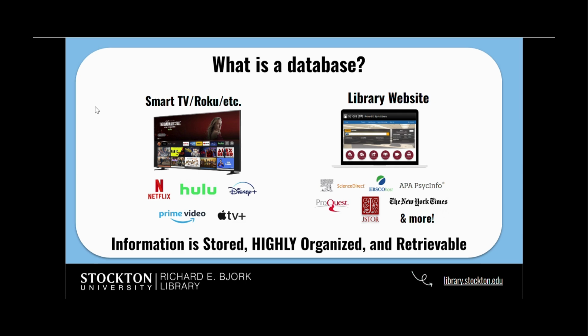If it's not all three of those characteristics, it's not a database. So when you think of Google as a search engine and not a database, we can say, yes, information is stored there. It's also retrievable. You get millions of results, if not more. But it's not highly organized, right? Because it's an algorithm, and my algorithm is going to pull up different results than your algorithm. It's not organized.